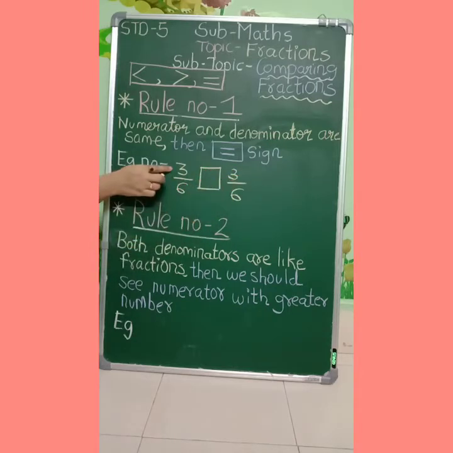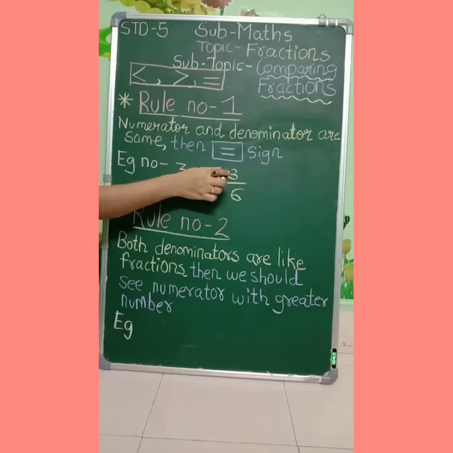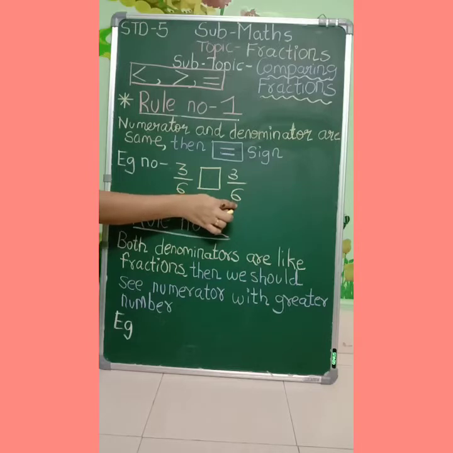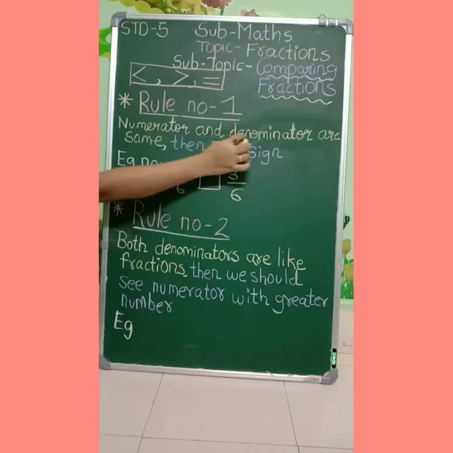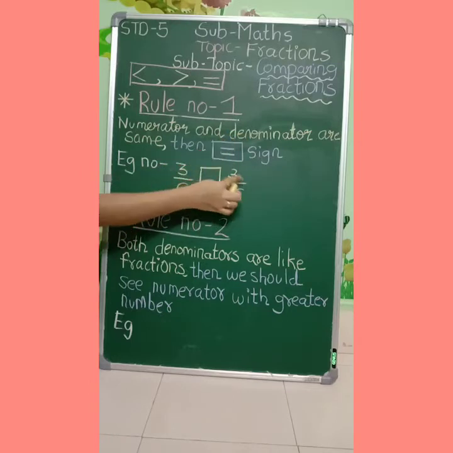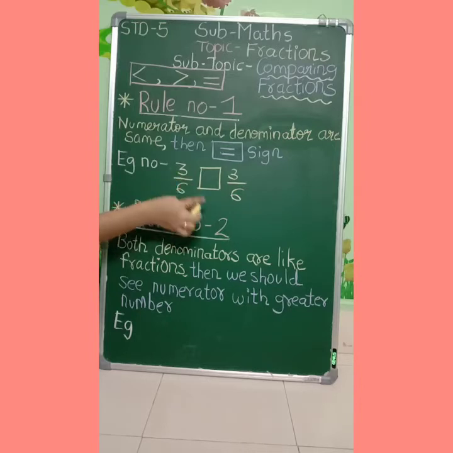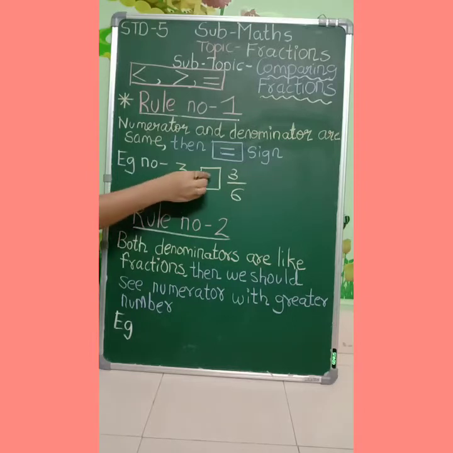See, the numerator is 3 and here also the numerator is 3. Here the denominator is 6 and here also 6. Both are the same, so you will put the equal sign.